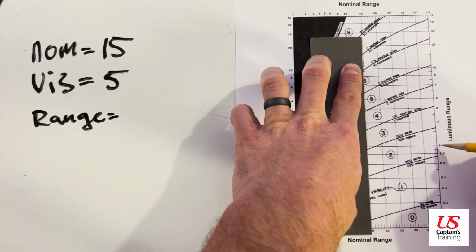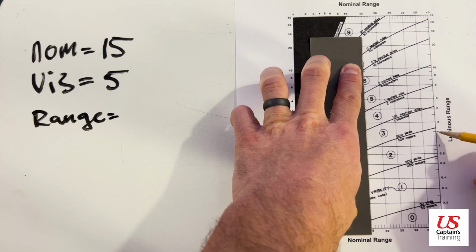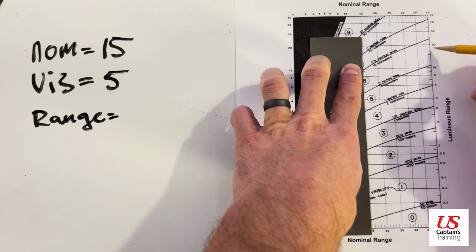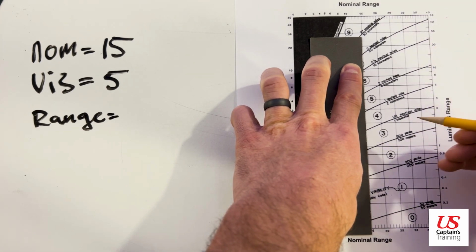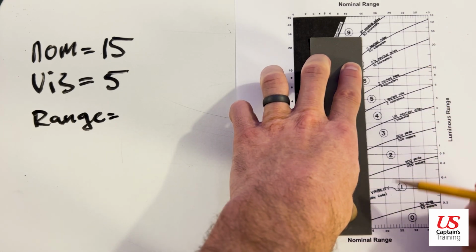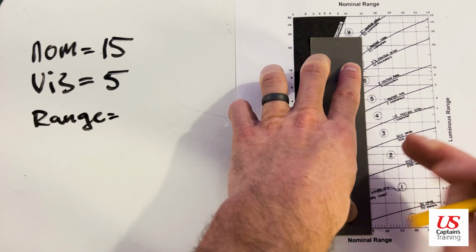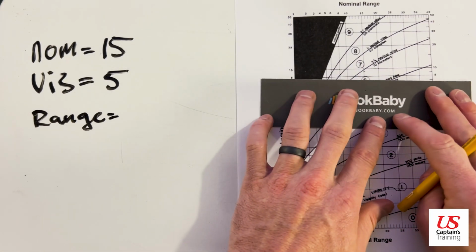For example, from 1 to 2 is this whole distance, but you see how this 1.5 is not in the middle? It's higher. And from 10 to 20 is only this distance. So it's a logarithmic scale, I believe. So we're at 15 up to the 5.5, just a skosh under the 5.5 curve.